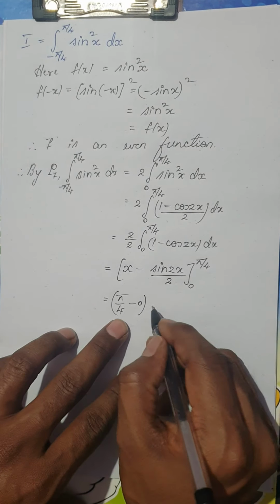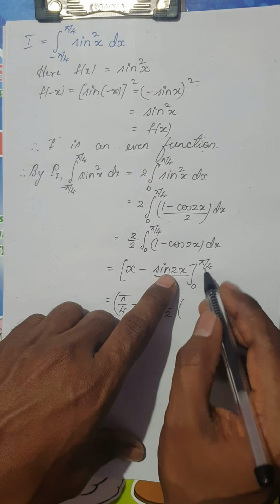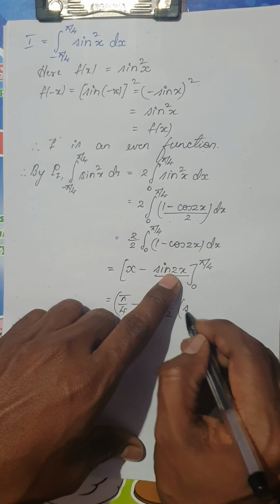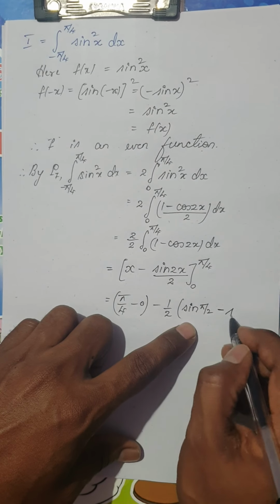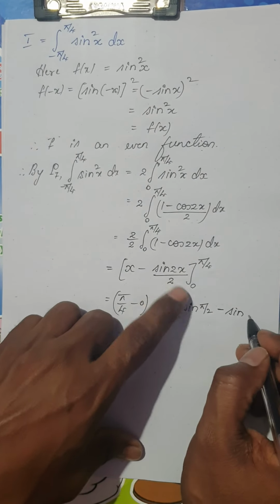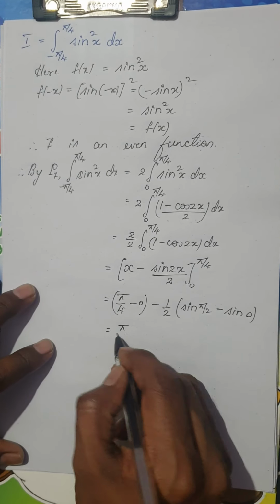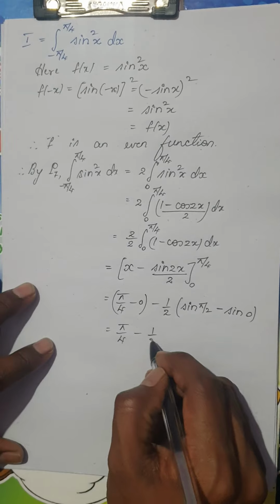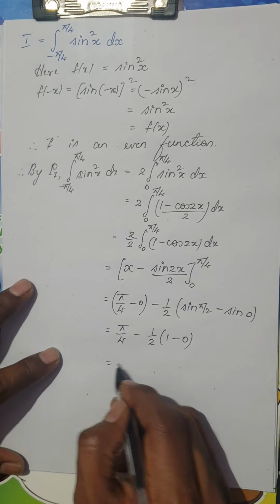Okay, applying the limits. So for x, upper limit is pi by 4 and lower limit is 0, minus half is a constant. Now look here, pi by 4 is actually 45 degrees. So 2 times pi by 4 would be actually sin 90, minus sine of 2 times 0 would be 0 itself. So this is simply pi by 4 minus half into sin 90 is 1 and sin 0 is 0.